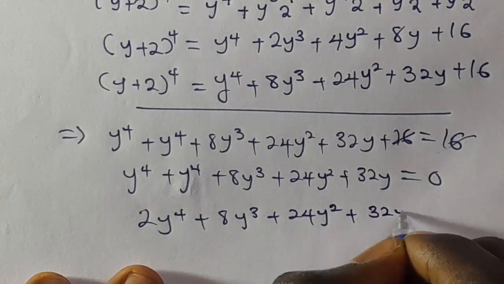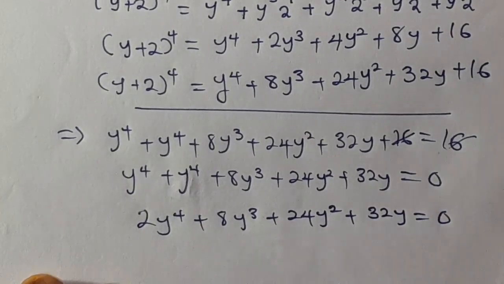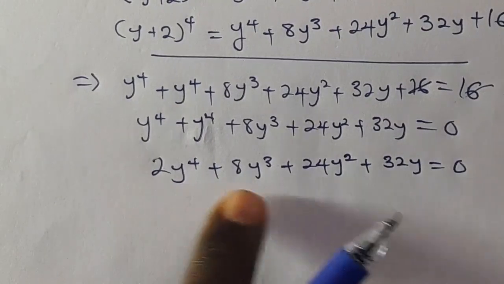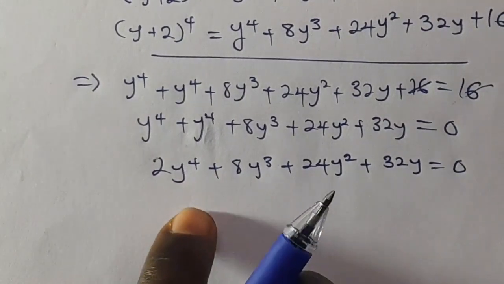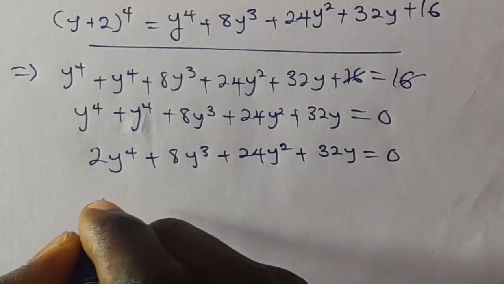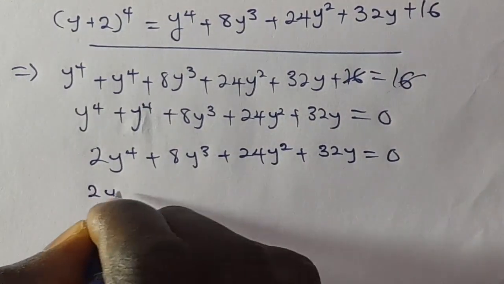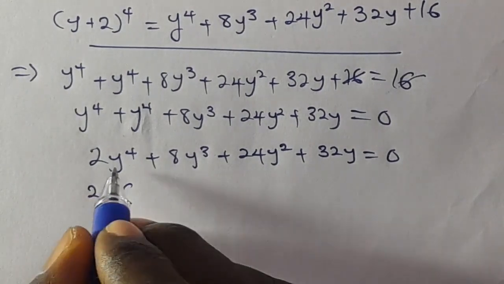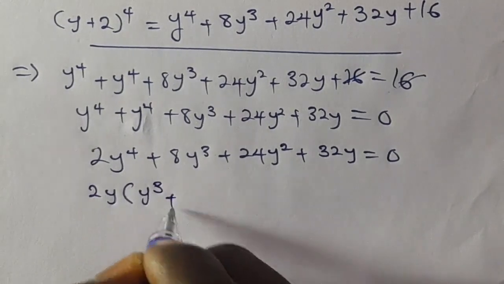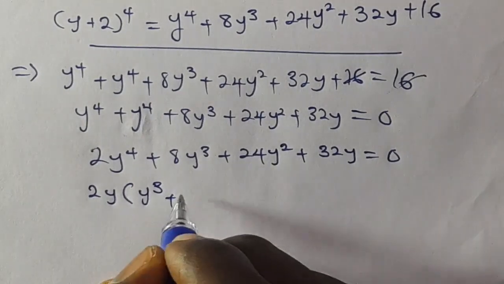plus 32y equals 0. Now, merely looking at this, we have 2 in common and we have y in common. So we can factor it out and this will now be 2y into, now this one will now be y raised to the power 3 plus this will remain 4.